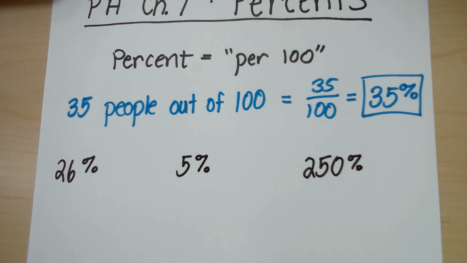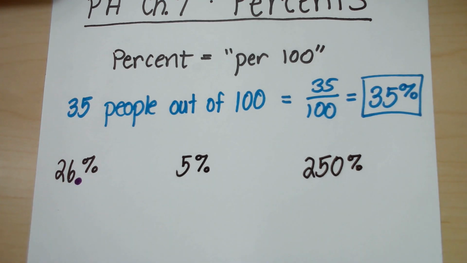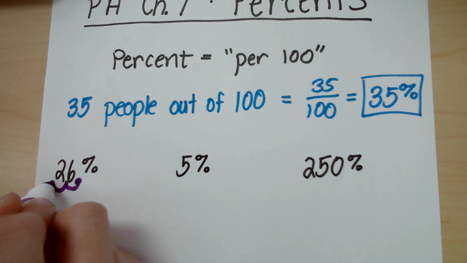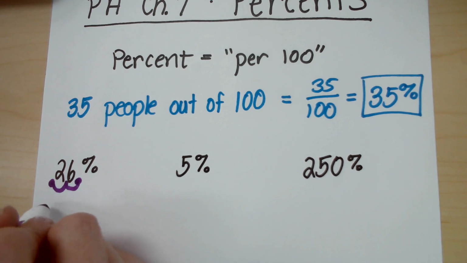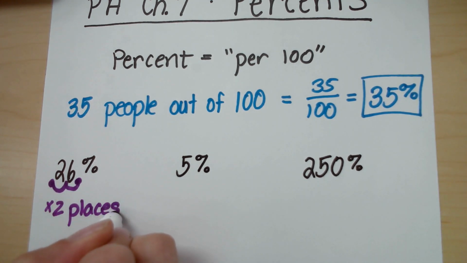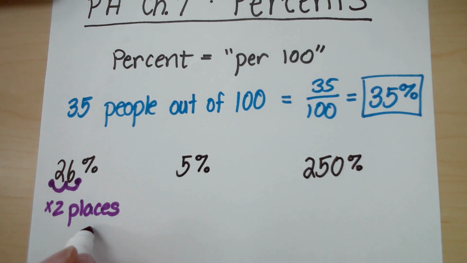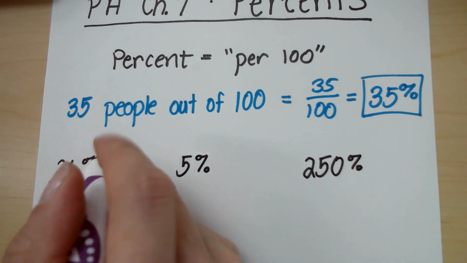Well, to turn a percentage into a decimal, you start with the decimal point at the end of the whole number, and you're going to move it 2 places to the left. It's always 2 places. If it's already a percent and we're turning it into a decimal, then our decimal is going to the left.